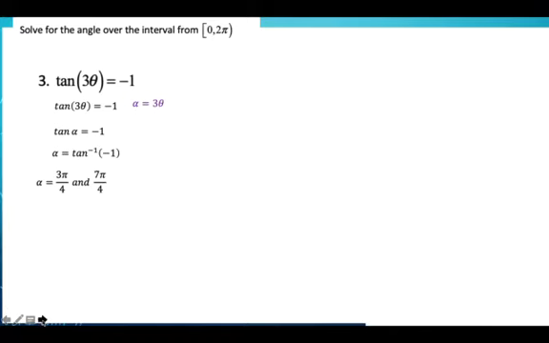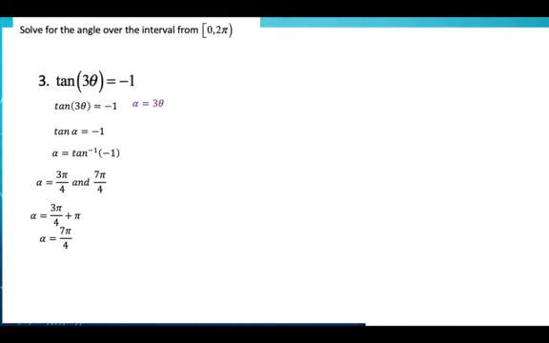Now, I'm going to add pi to the 3 pi over 4, because that would be the period of a normal tangent graph. I could add 2 pi to this, and I could add 2 pi to this, and that works just fine. But remember, when we wrote the equations last week and asked, what is it for all solutions?